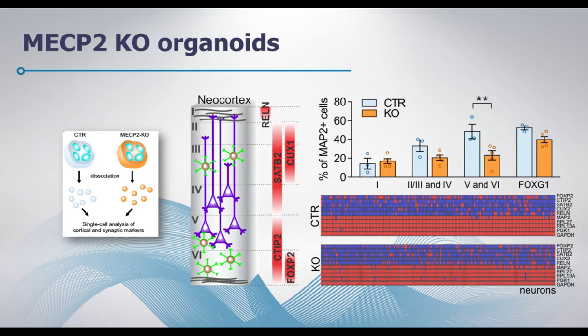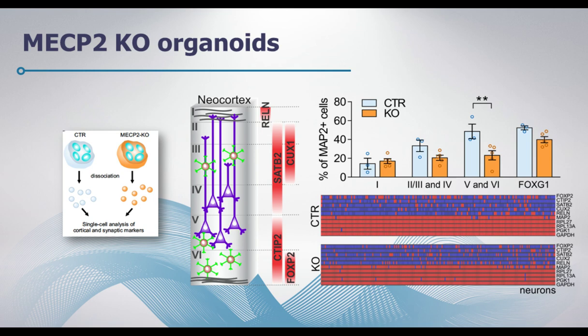So we turned to single-cell analysis. We dissociate isogenic cells from the controls and the knockout organoids, and we run single-cell RNA-seq. The first thing that we observe is that there is a significant decrease in layer 5 and 6 neurons. The knockout organoids have about a 50% decrease in those neurons.